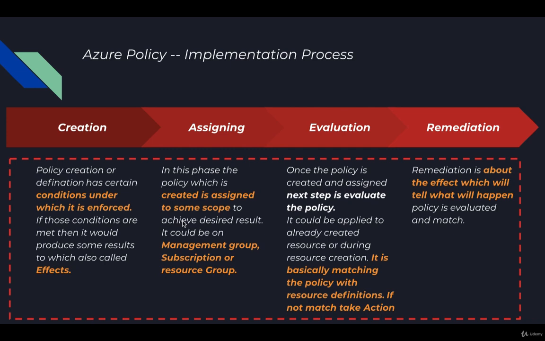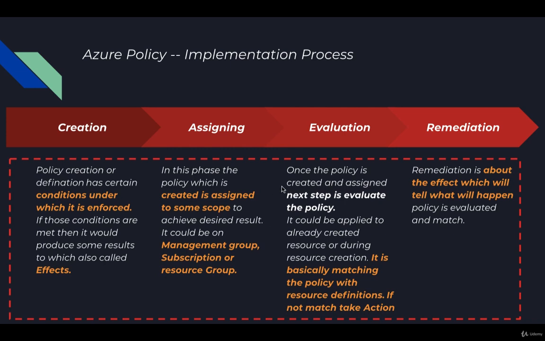The scope could be specific VMs, a subscription, a resource group, or only Cosmos DBs. So with assigning, we need a clear picture in mind of where we are assigning those policies, to which resource group. Remember, in the previous lecture we discussed that policies are for resource properties, that is, what kind of resources we want to provision.